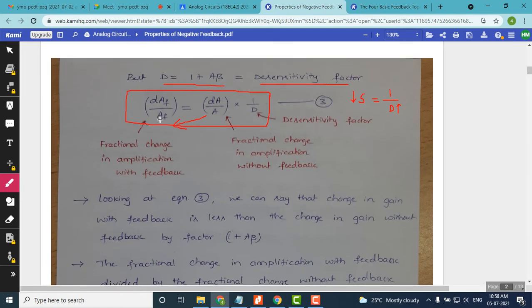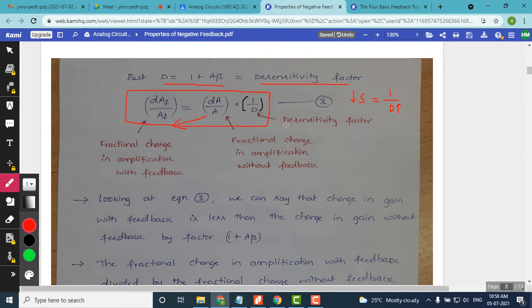As you can see here, we have shown that dAf by Af, which is nothing but the fractional change in amplification with feedback, equals the fractional change in amplification without feedback, that is dA by A, multiplied with 1 by D. As you can see, there is a 1 by D factor here. Okay.